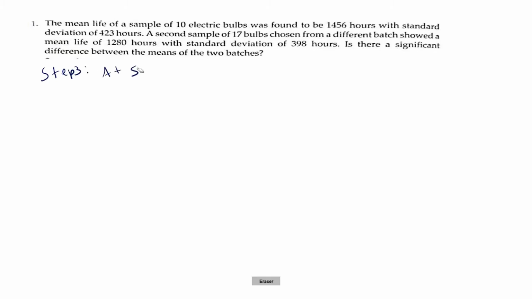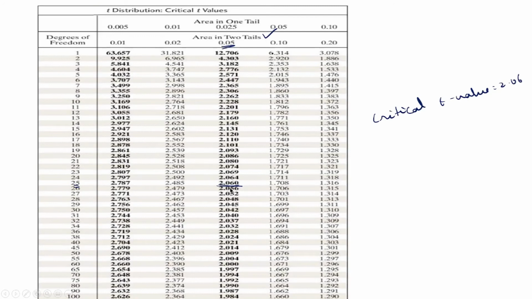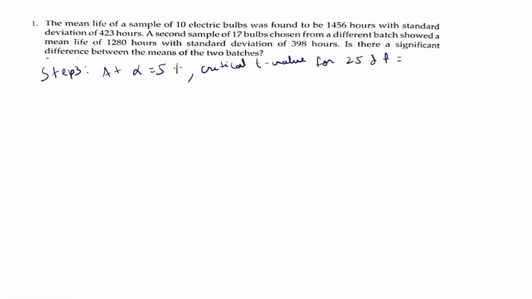At alpha equal to 5%, the critical t value for 25 degrees of freedom is equal to 2.06.